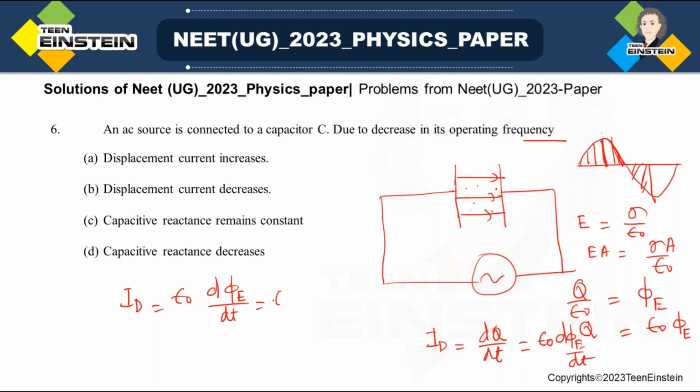Explicitly, A will be anyway constant. So this is the expression for the displacement current.